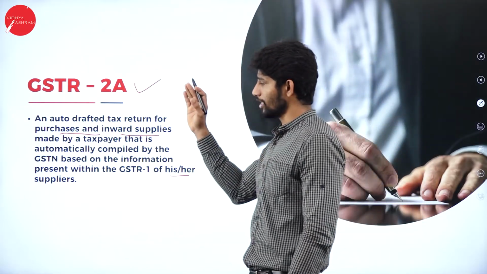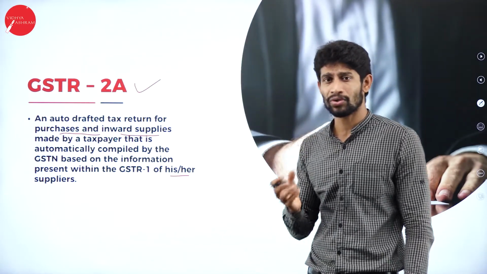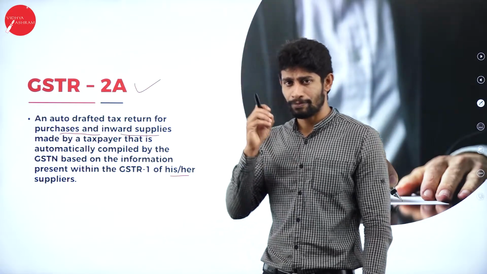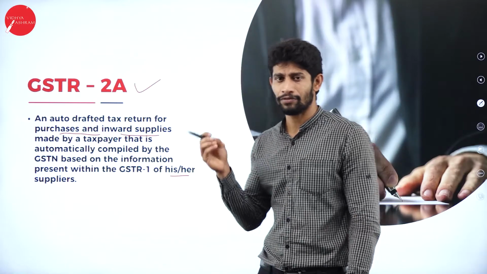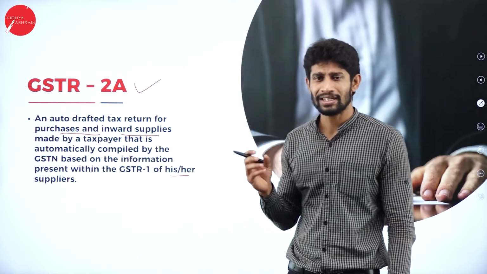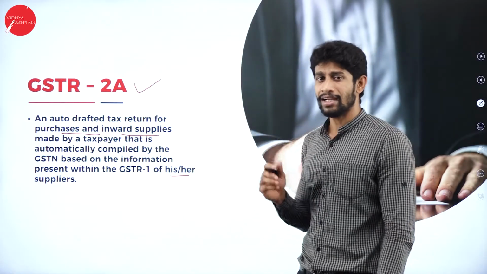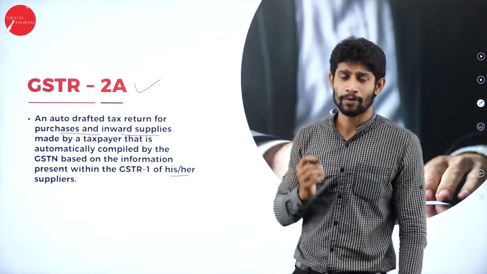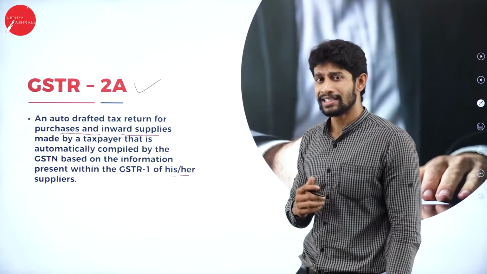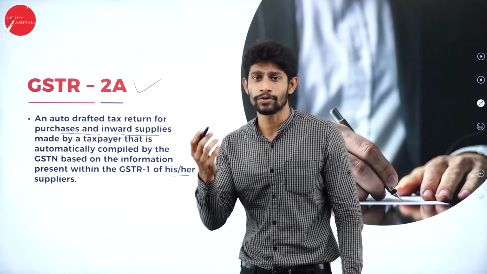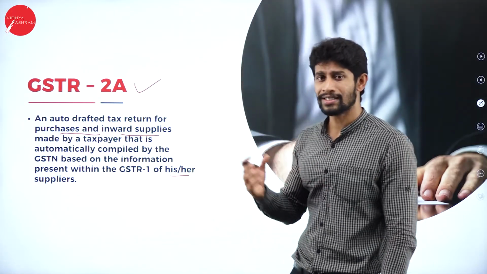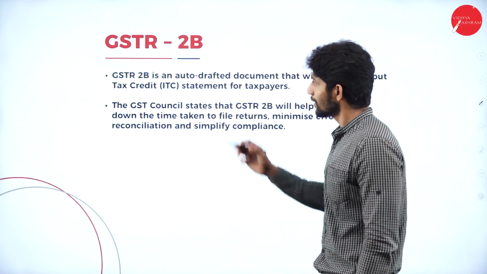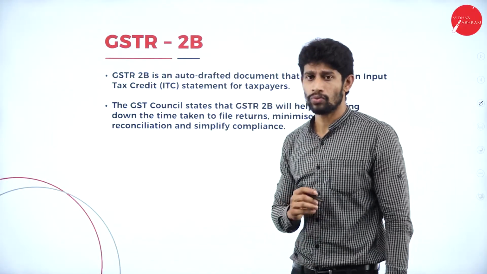So GSTR 2A is all about an auto-drafted return where you are going to find the details of purchase and inward supply of your business with respect to a particular duration of time, and this form will be auto-drafted based upon the information fed by the suppliers from whom you are going to purchase the raw materials or the required inputs. So moving further, GSTR 2B.